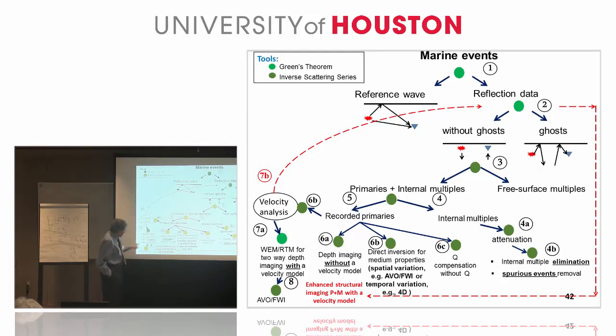You need the velocity analysis for what we call Claerbout III, down here. You can go back up here with the velocity and take that reflection data, which has not been deghosted yet, if you want to do specific types of wave separation, yes, on one side and the other. Start over here and get an enhanced structural image.